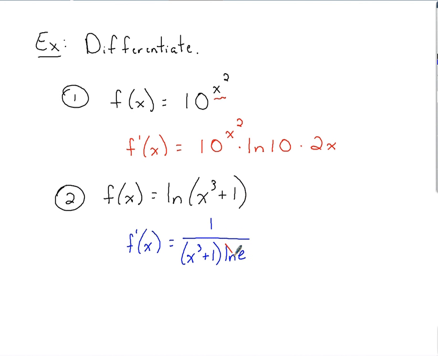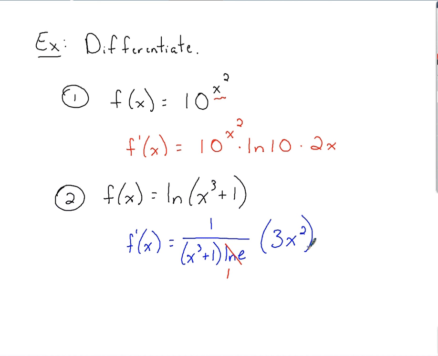Because natural log of e is just 1. Then tack on the derivative of that part that followed the logarithm. So the part that follows the logarithm, x cubed plus 1, take that derivative, simply 3x squared. That's one way to write it.